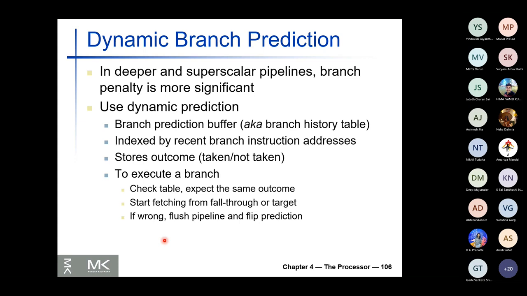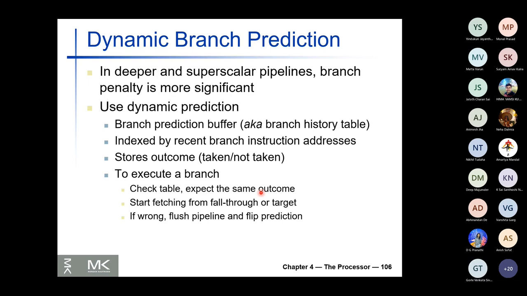So essentially what you keep is some kind of history table, and this is called the branch prediction buffer. It is indexed by the recent branch instruction addresses, and you store the outcome, whether it is taken or not taken. In order to decide what to do when a branch appears, we look at the history table and predict depending on what has happened before.